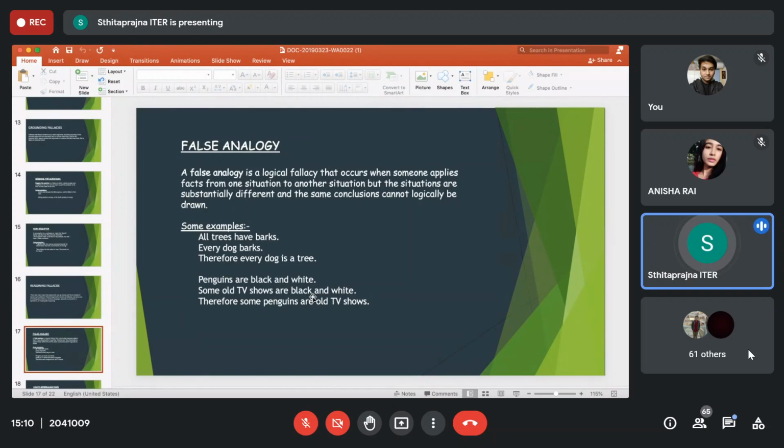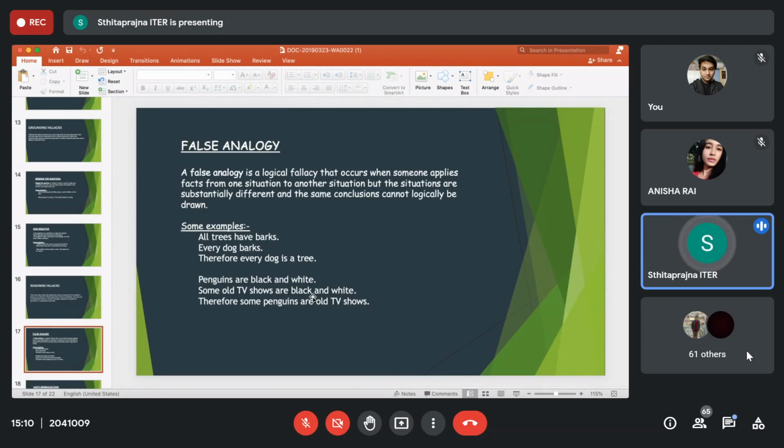There cannot be any comparison. Trees having barks and dogs barking are two different things. So when you take facts from one situation and another and make a comparison, analogy is comparing, and this is completely flawed. All trees have barks and every dog barks are two different things.